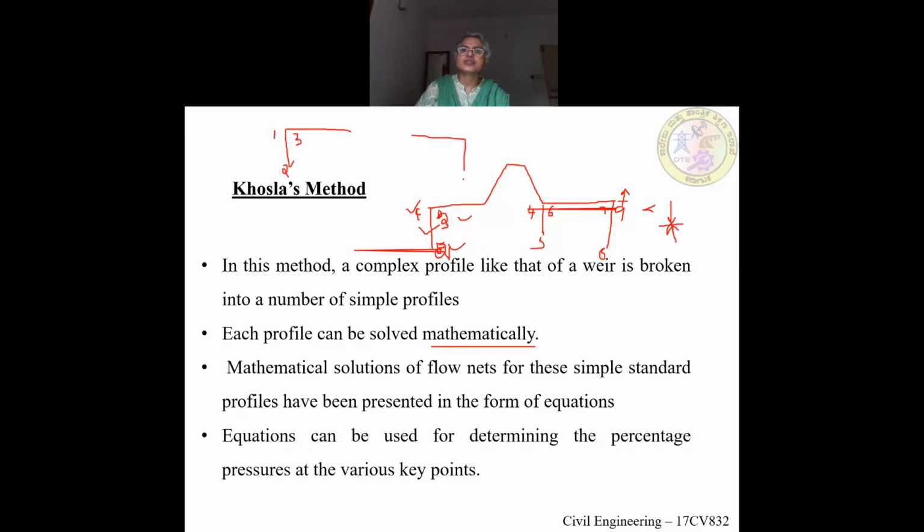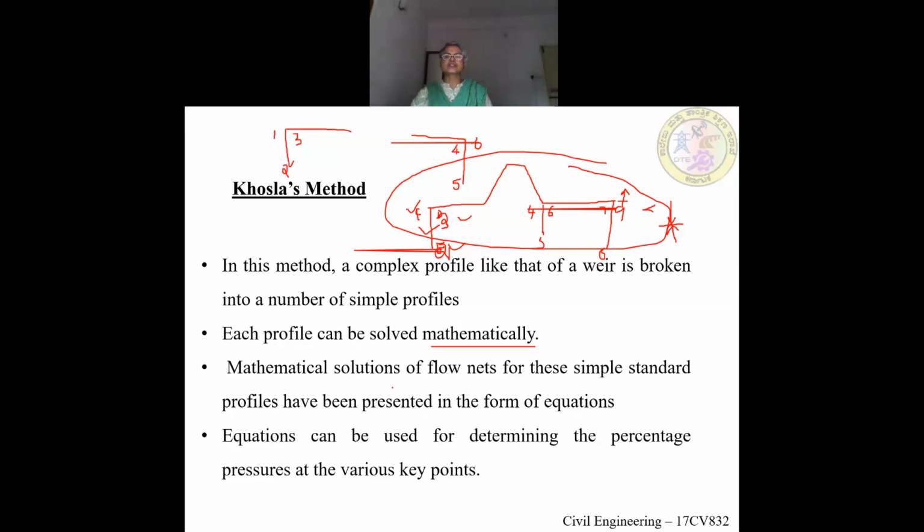Then the profile on the downstream side is considered, and the pressures at 4, 5, and 6 are determined. Like this, the complex profile is divided into simple profiles, and each profile is solved mathematically. Mathematical solutions of flow nets for these simple standard profiles have been presented in the form of equations.